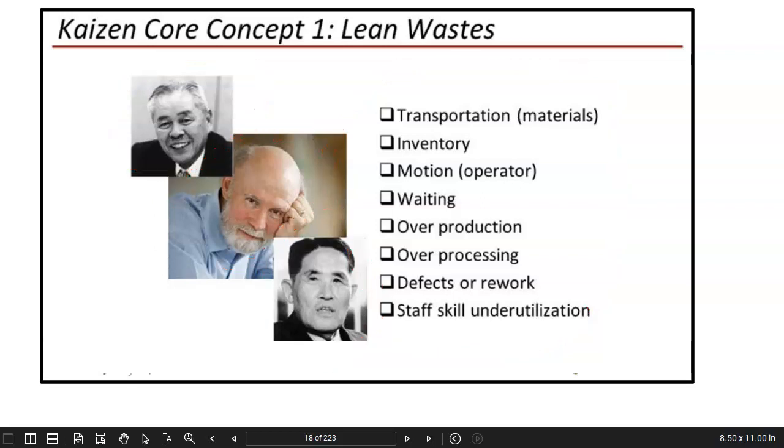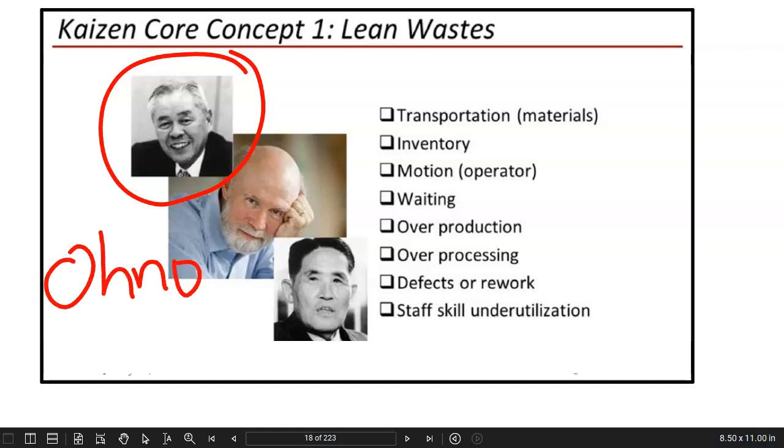All right, the first Lean Six Sigma thought leader that I want to take a look at is this fellow right here. His name, Taiichi Ohno. Ohno was an industrial engineer at Toyota and is credited as the person who came up with these 8 waste category types.